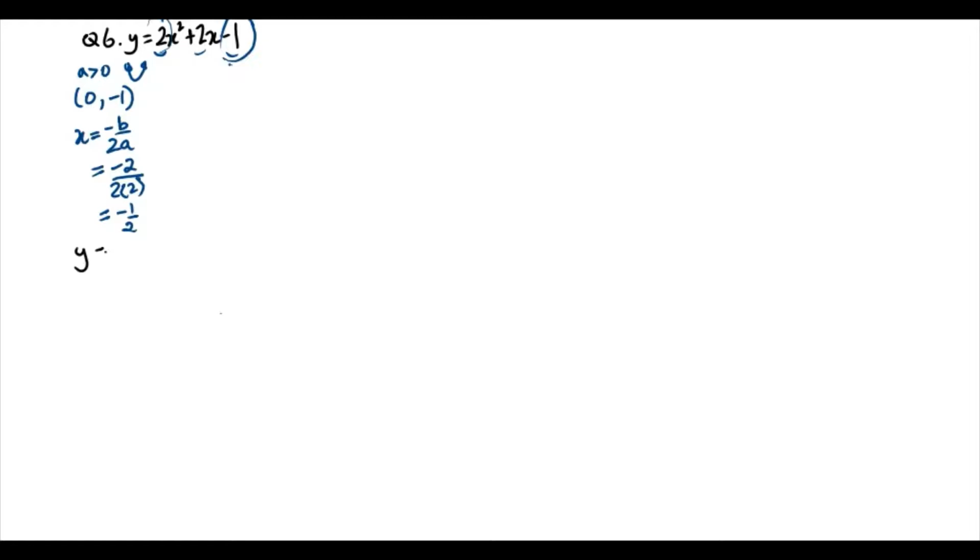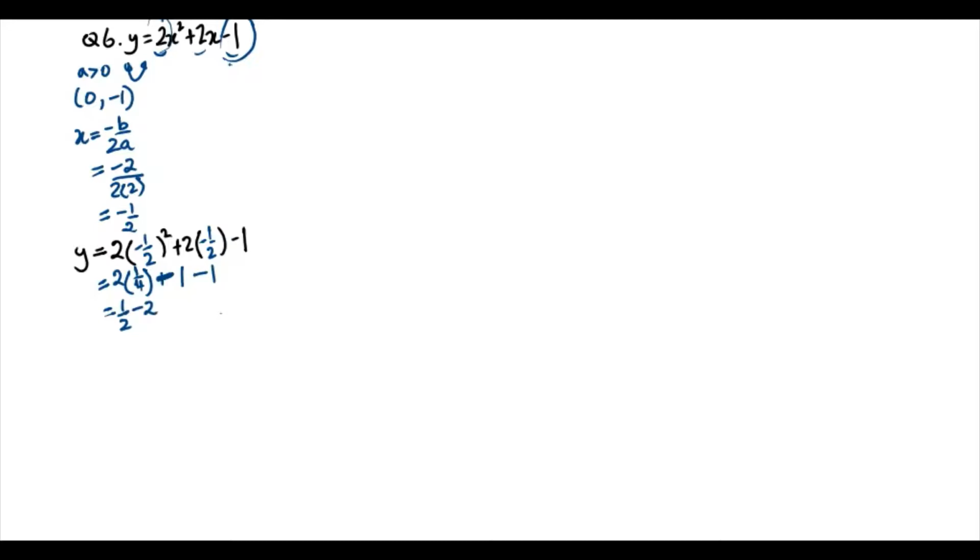So we want to put that into the equation. Negative a half squared and negative a half. Alright, so that's going to be 2 by a quarter. Subtract 1. Subtract 1, which is going to be a half.